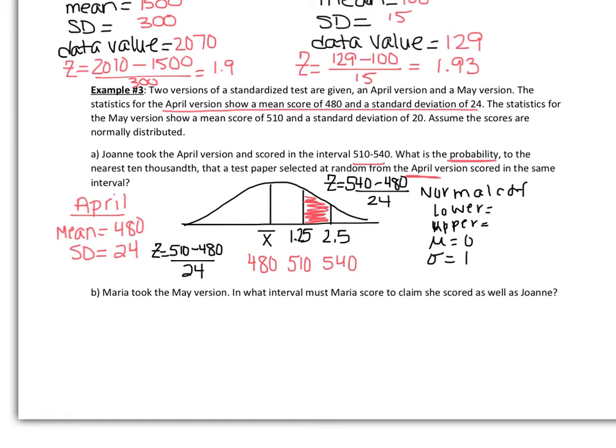Again, check my math. So what I just did was I took these two values, 510 and 540, and turned them into z-scores so I can put it into this normal CDF so I can find the probability. So my lower value in this interval is 1.25. My upper value is 2.5. The mean is 0 and the standard deviation is 1.